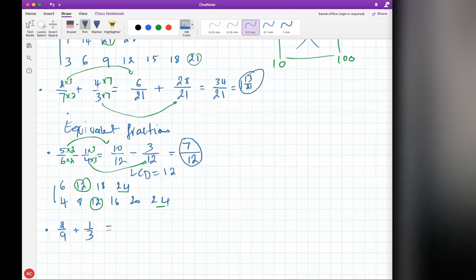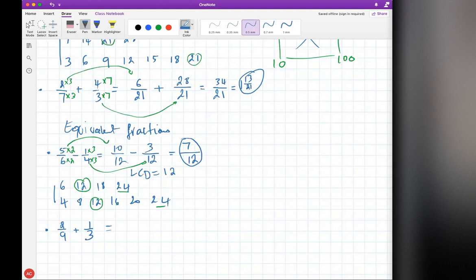The reason why, for example, 6 is not the LCD here, and it's 12, is because 4 does not go into 6 evenly. 4 goes into 6 only once, and you have some change. Also 3 does not go into 7; 3 goes into 7 twice, but you have a leftover.